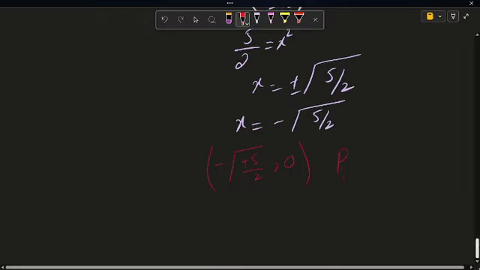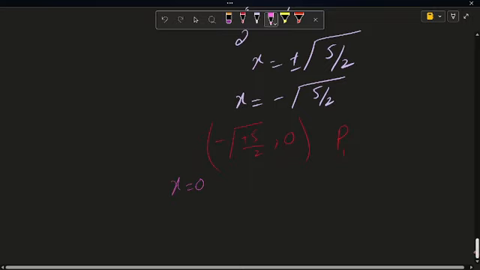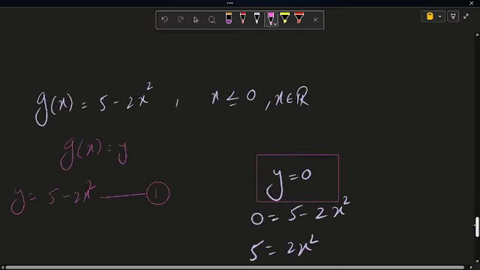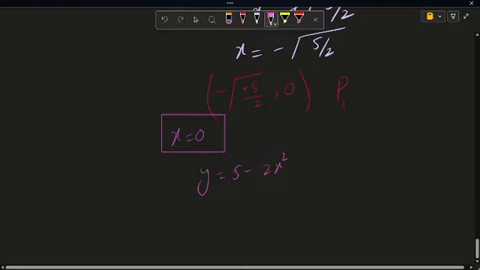Now I have to find the second point, P2. In order to find P2, I will choose x equals 0. Initially I chose y equals 0 and figured out the value of x. Now I choose x equals 0 and find the value of y. When x equals 0, in equation number 1, y equals 5 minus 2x squared, so I plug back x equals 0.